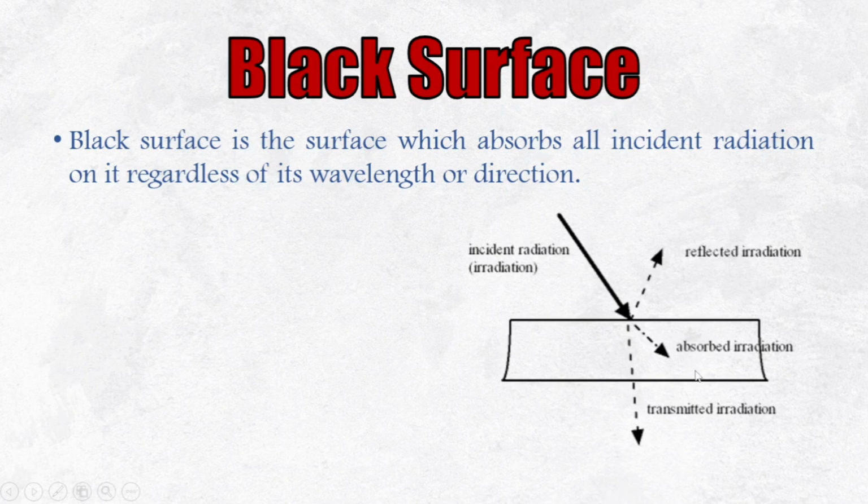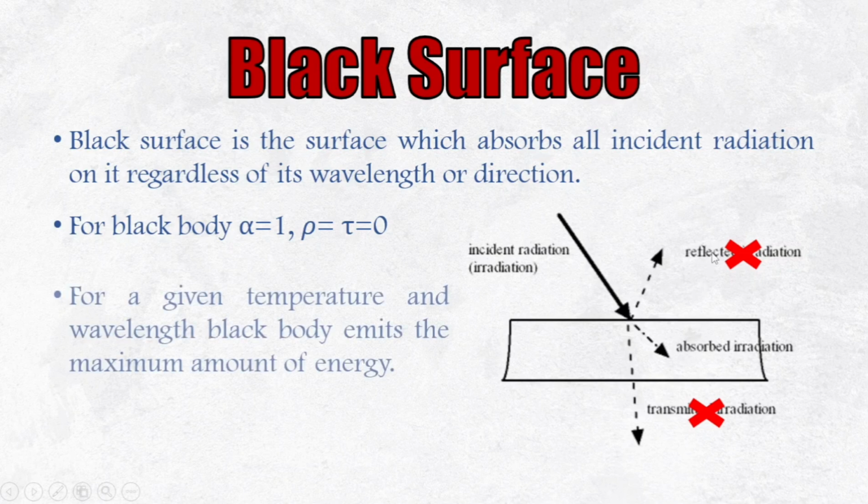So a black body is the body in which no radiations are reflected and no radiations are transmitted through the surface. All the radiations falling on the surface will be absorbed by the body. Okay, and that's why for a black body the value of alpha will be equal to 1, because if 100 watt per meter square radiation is falling on the surface, then the total 100 watt per meter square will be absorbed by this surface. Okay, so the value of tau and rho will be equal to 0.